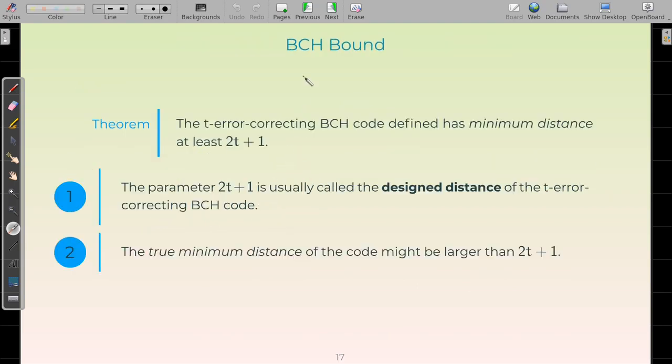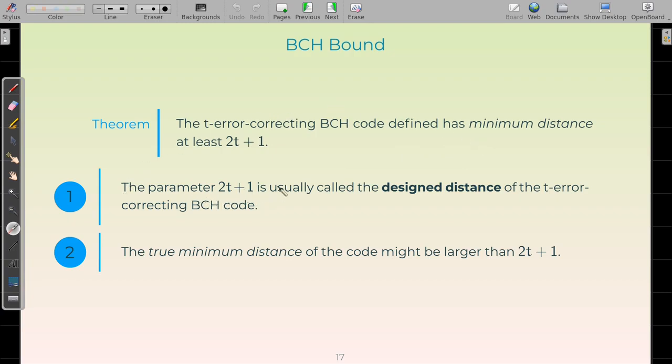Okay, now we are going to consider something called the BCH bound. There is a theorem that the t-error correcting BCH code has a minimum distance of at least 2t plus 1. It is generally greater than 2t plus 1, but this is the minimum value of the minimum distance, right?